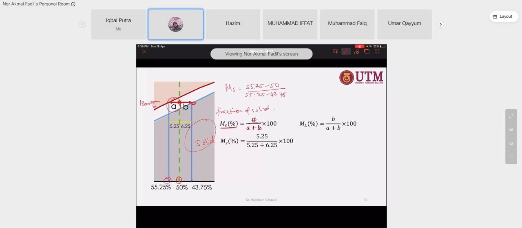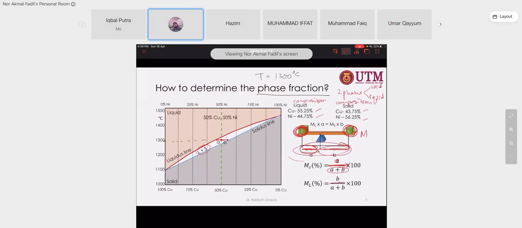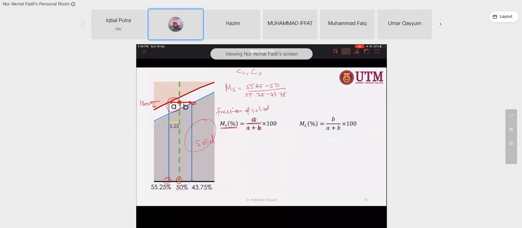So you can use directly the value for CL and CS. Just now I have shared with you this liquid and solid composition. If we use only the copper value, ignoring the other, because the total will be 100%, we can refer to the percentage of copper only.